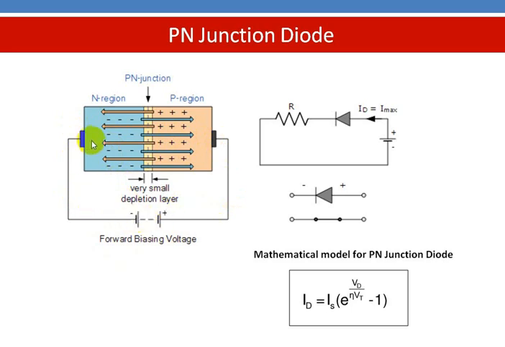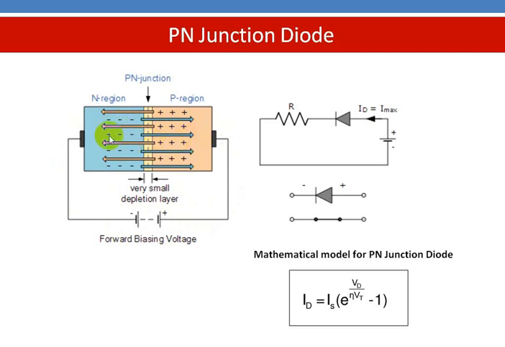This negative potential will push the electrons from the N region to the P region, and similarly this positive voltage will push the holes into the N region. Therefore the electrons cross the depletion layer and get attracted towards the positive terminal. Similarly, holes move into the N region and get attracted to the negative terminal.